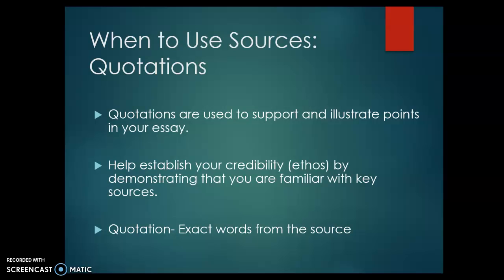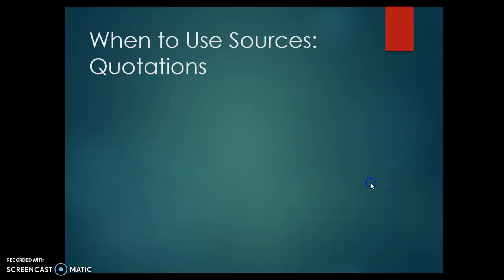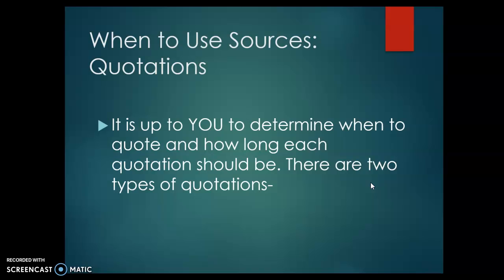If the meaning is hard to paraphrase in your own words and the wording is perfect, so much so that you think the audience is going to receive it in a better way if you quote it or you pull in the original material, you can use a quote. There's no issue with that, but the quotes are the exact verbatim words from the source. It's up to you to determine when to quote and how long each quotation should be.